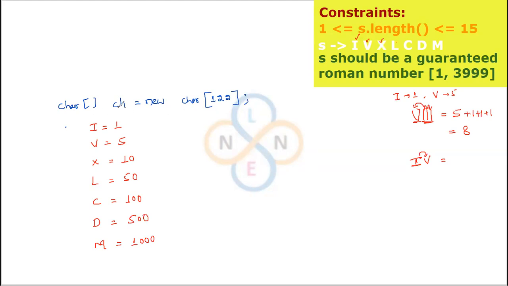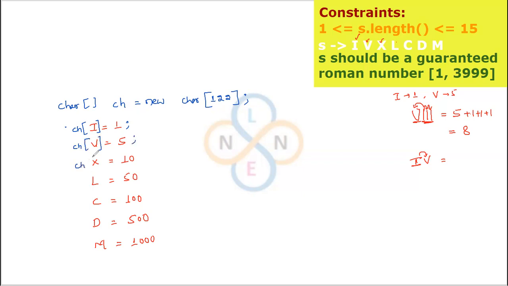Then what is the array name? ch. So we store ch of I, the corresponding index, with the value 1, and then ch of V with the value 5.